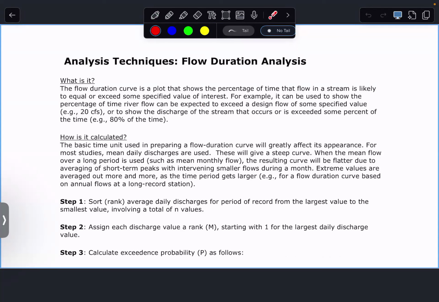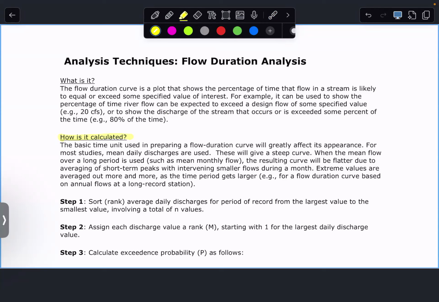And so we can use it to show the percentage of time river flow can be expected to exceed design flow or some specified value, whatever this is. And so my job is to talk about how it is calculated. Okay. Now the procedure is relatively simple.